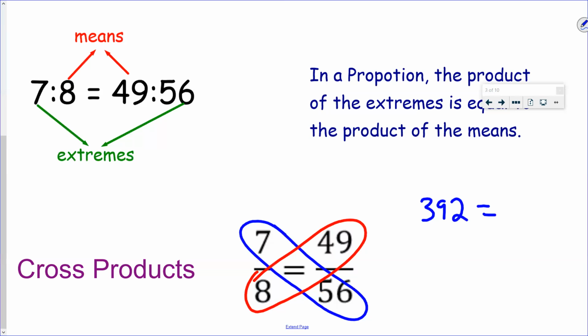And 8 times 49, 8 times 9 is 72, carry the 7, we're going to get 392 as well. So by doing the cross products here, we can determine that 392 equals 392. So that will determine if this is a proportion or it is an equivalent ratio. So we're comparing two ratios by using what's called cross products, which is where we can multiply diagonally.